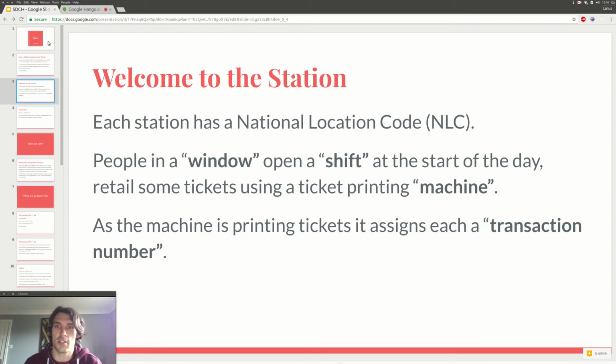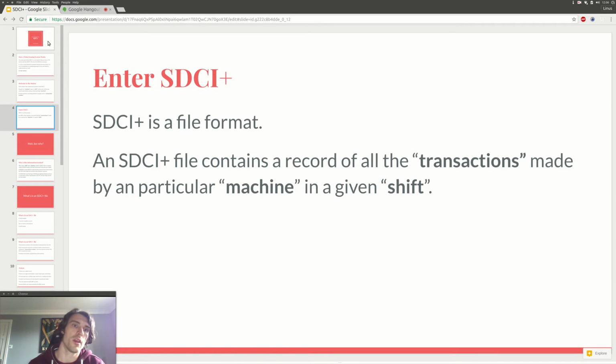Their day shift has started, and then they start retailing tickets through a printing machine. As that machine is printing its tickets, on each ticket it puts a little transaction number. So it is pretty simple: you come to work, you open your shift, you sell some tickets, you print them, and then you go home.